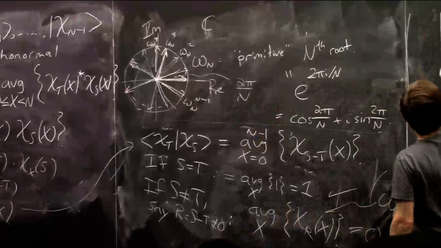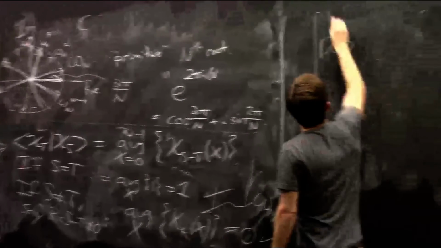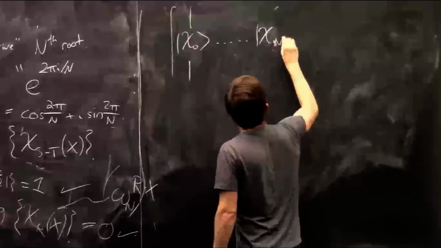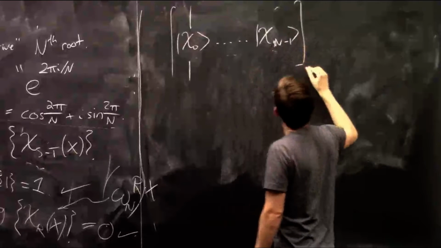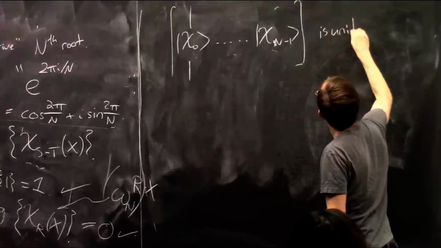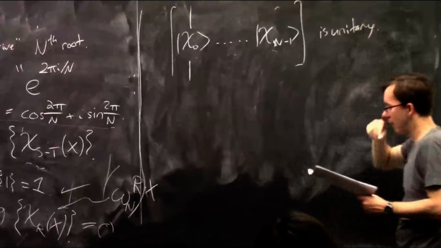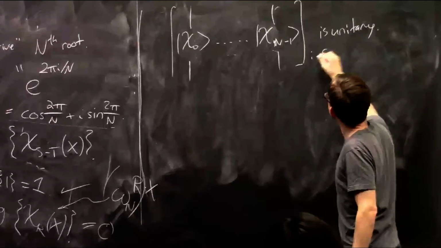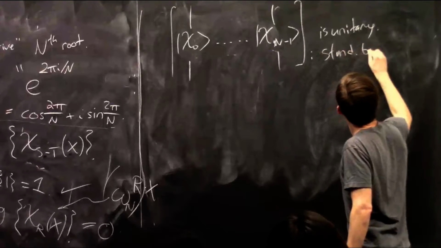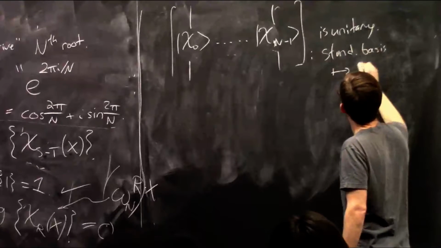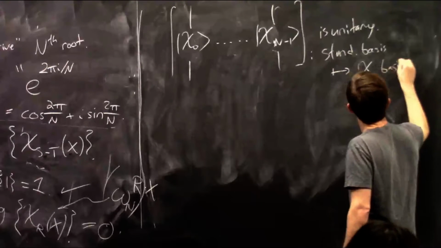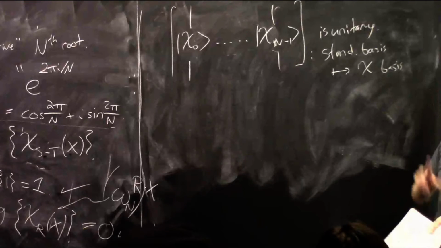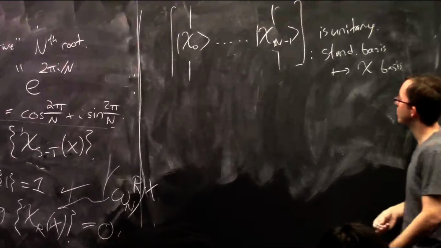And so we know that this matrix is indeed unitary. And as I said, this is the matrix that maps the standard basis to the chi basis. And therefore, it's actually the reverse of the Fourier transform, as I tried to explain before.